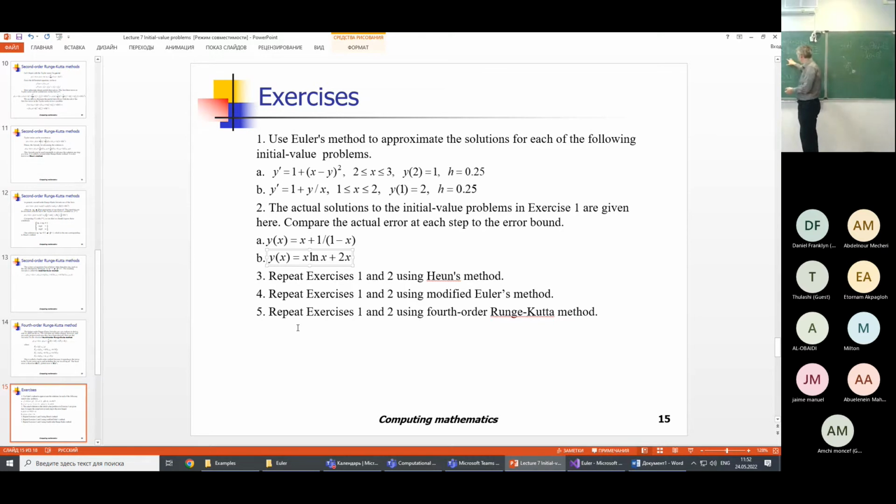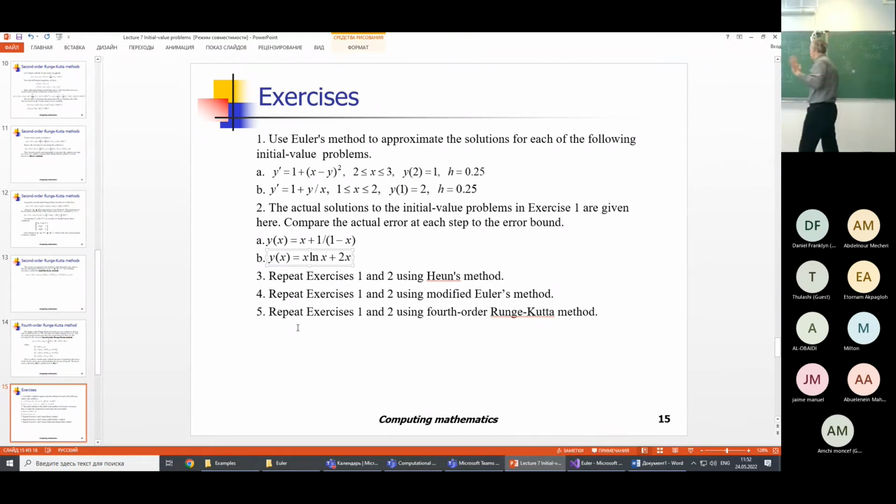What is the value of y of 1.25? Of course, you should use your calculators to compute it, because the value of logarithm, except the point 1, cannot be computed in mind. 2.77.